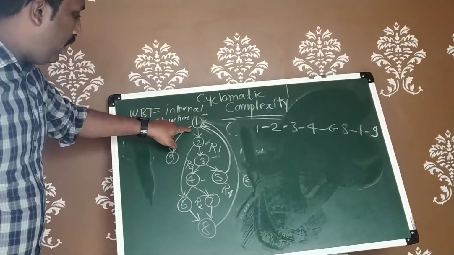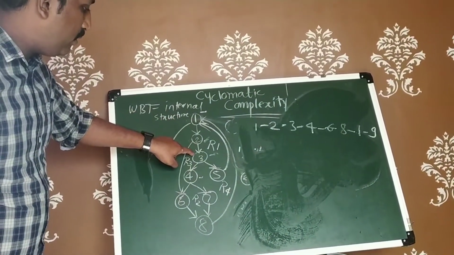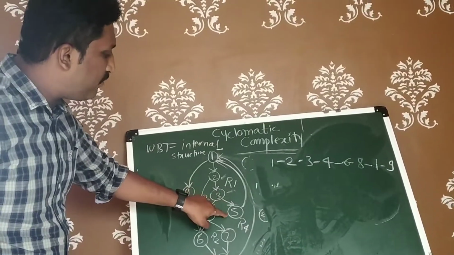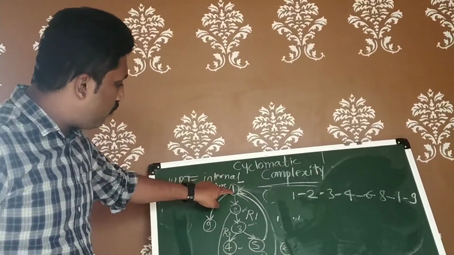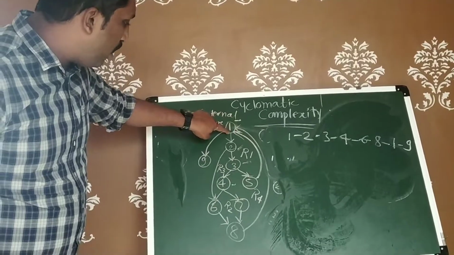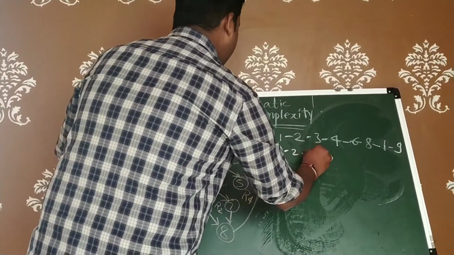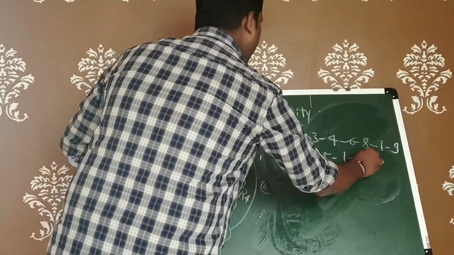Okay. Now, instead of following this path, one may follow via 5 also. That is 1, 2, 3, 5, again 1 and 9. This is another path. 1, 2, 3, 5, 1, 9.